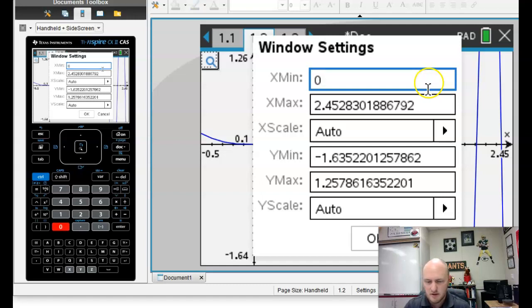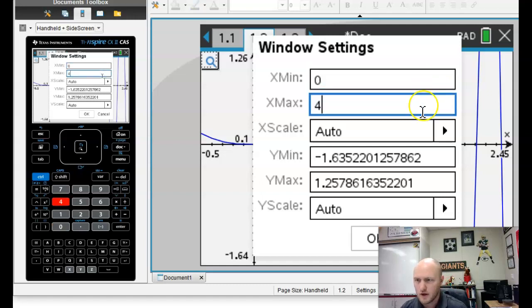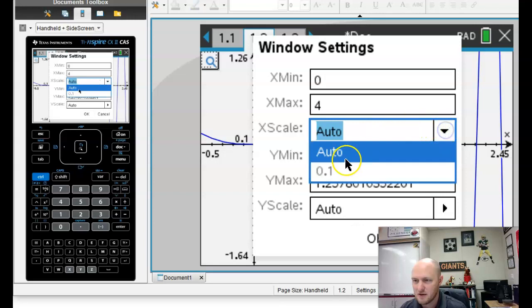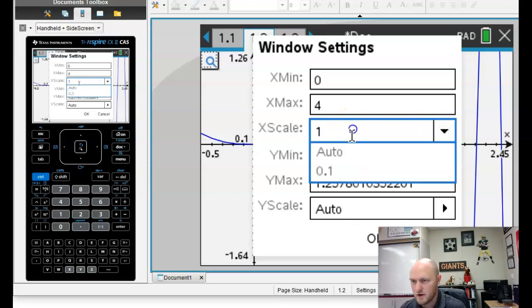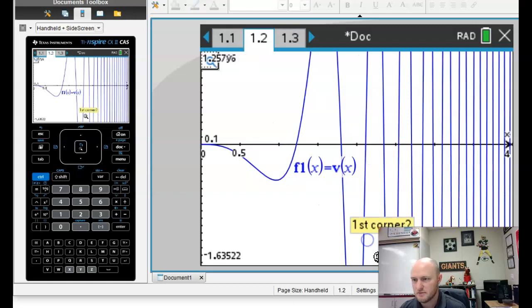We'll go 0 to 4, and we'll make our x scale by 1, and our y scale by 0.5.